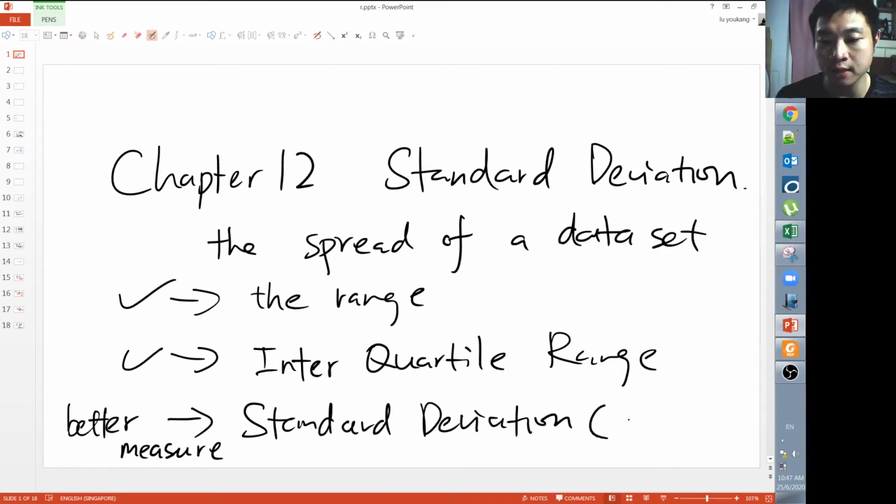I'm going to use the shorthand SD to represent standard deviation. If you have problems understanding the range and the interquartile range, you are welcome to watch the previous videos on these two measures. So let's move on to the next page.